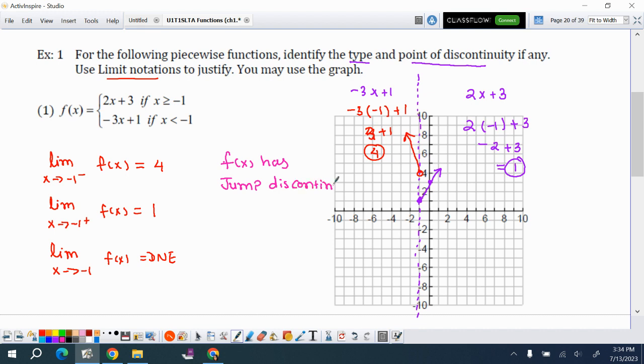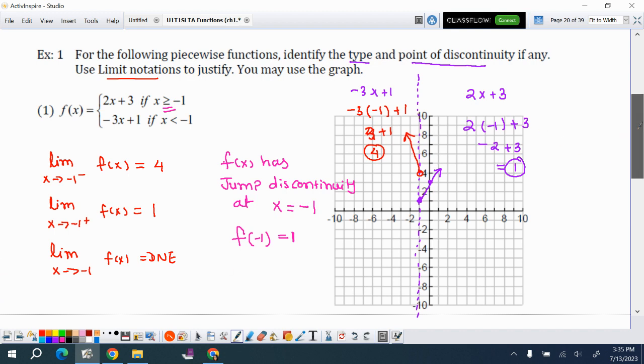Discontinuity at x equal to -1. Why? Reasoning is here. From the left you are coming at the 4, from the right you are coming at 1. There is a jump discontinuity. Now, if you ask what is f of -1, f of -1 is here, and the answer is 1. So know that the limit is different than the function value.